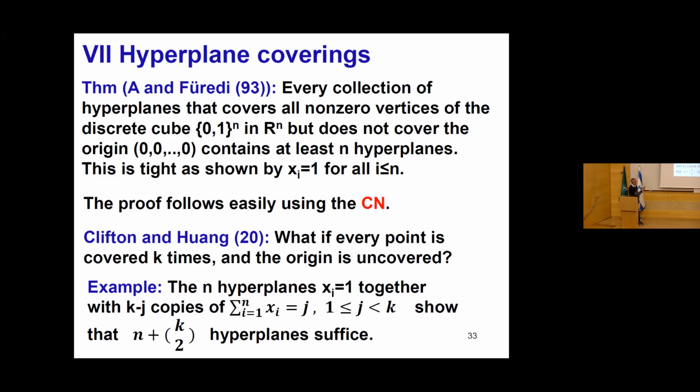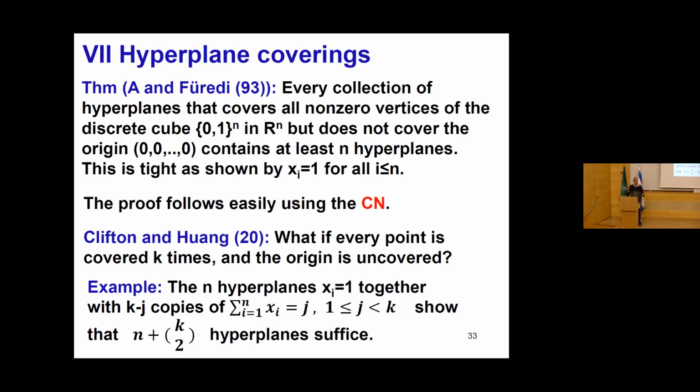Let me say quickly something about the geometric application. So again, starting from an old result with Zoltan Füredi, what we showed, this was a question of Schuh, is that if you are in the n-dimensional Euclidean space and you have all the 2 to the n binary vectors, the vertices of, say, a unit cube, and you want to cover all of them besides the origin by hyperplanes, then you need at least n hyperplanes.